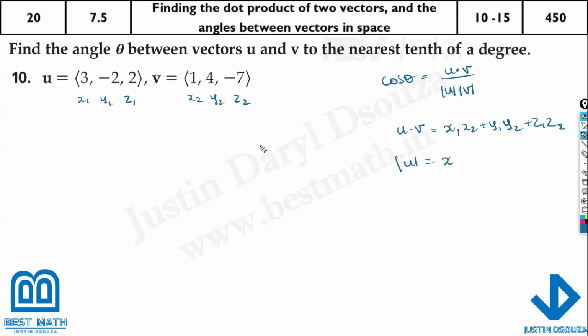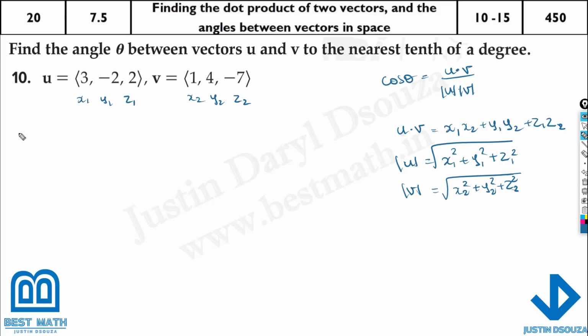The magnitude of u will be x1 squared plus y1 squared plus z1 squared. It's not over, we have to take the square root as well. And lastly, the v magnitude would be the same thing, but with x2, y2, and z2 squared. This is it. These are the formulas. This is the main formula.